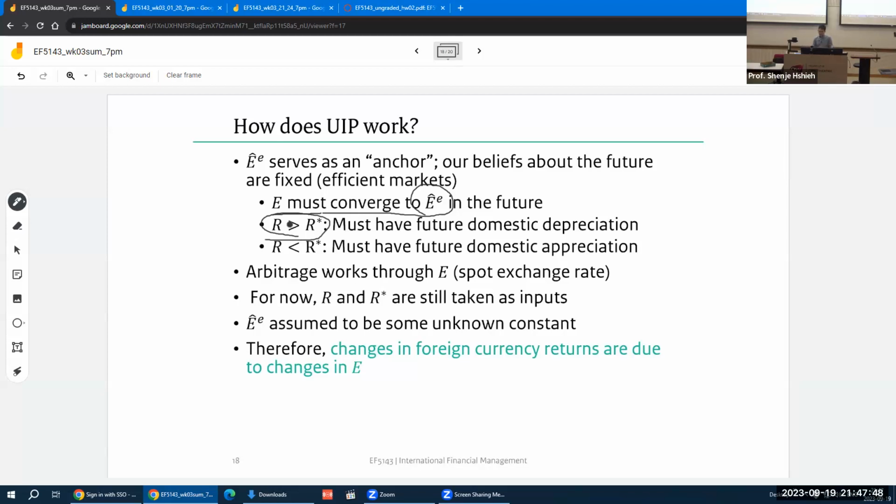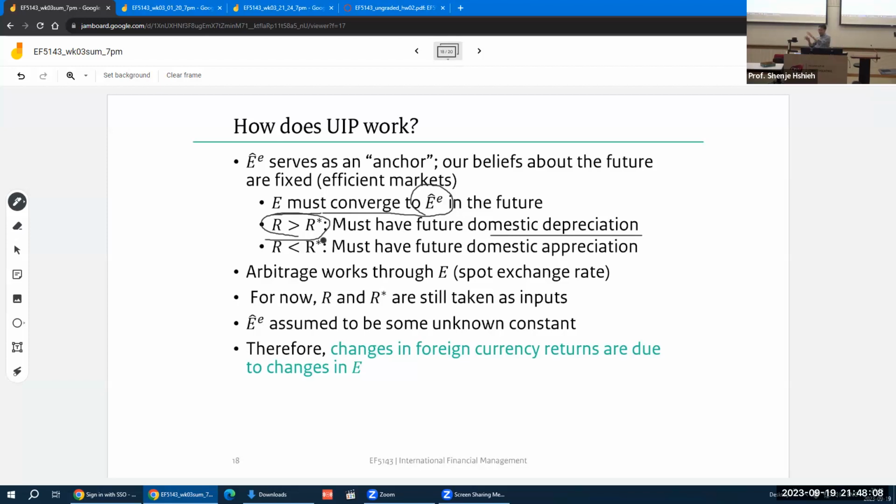So we learned that if R is greater than R star, you must have future depreciation, right? Because if you're trying to gain from lending out at a higher interest rate, you should expect that the currency you're depositing in is going to weaken in the future, right? That's the intuition.